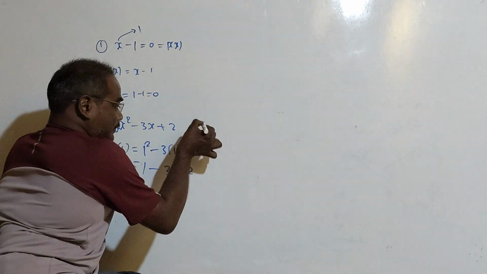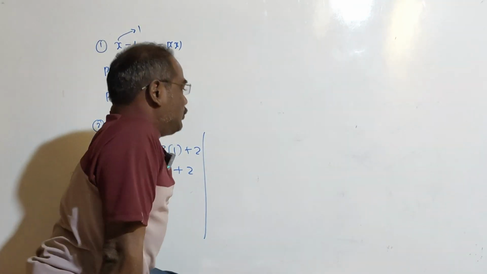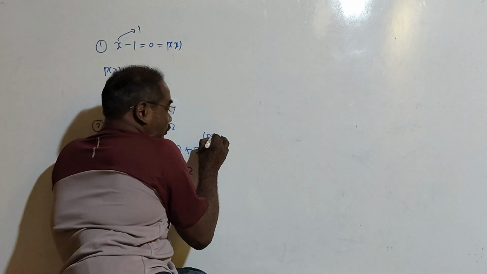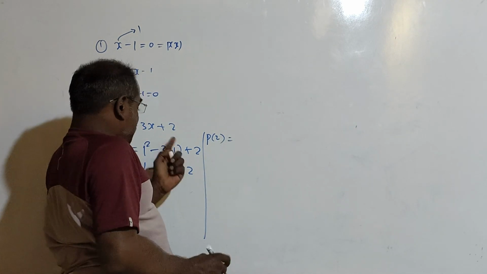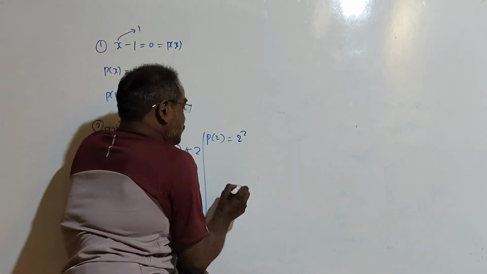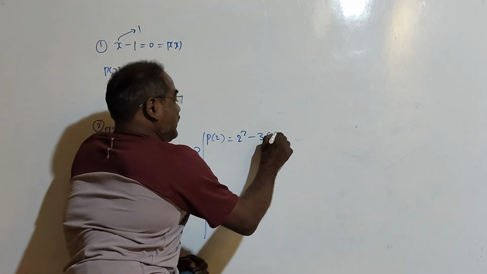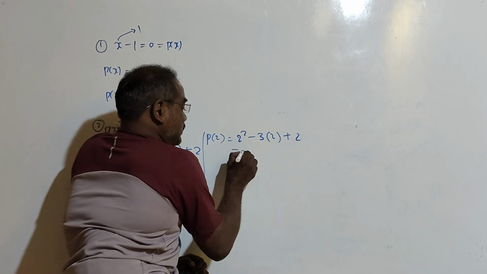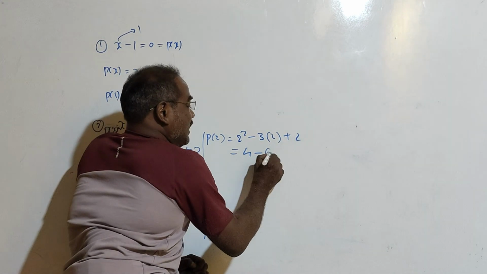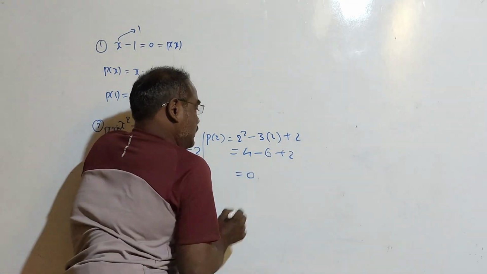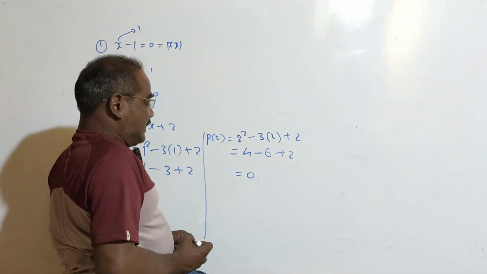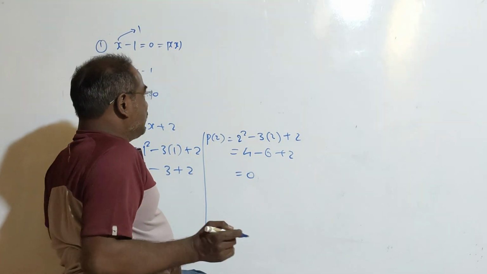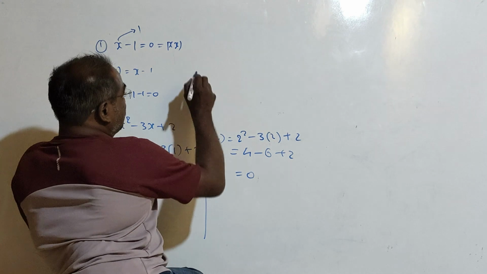If I pass x equal to 2, p of 2 becomes 2 square minus 3 into 2 plus 2, this is 4 minus 6 plus 2 equal to 0. Okay, this is example number 2.